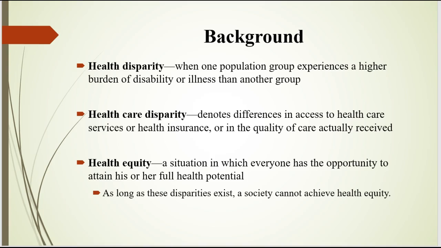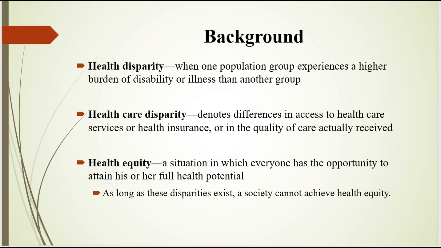As long as these disparities exist, a society can't achieve what is known as health equity, a situation in which everyone has the opportunity to attain his or her full health potential. Now, there's a number of different factors that can contribute to health and healthcare disparities. We have individual behaviors, healthcare provider bias, cultural expectations and differences, location and financing of healthcare systems, social factors, and more can all be contributors.